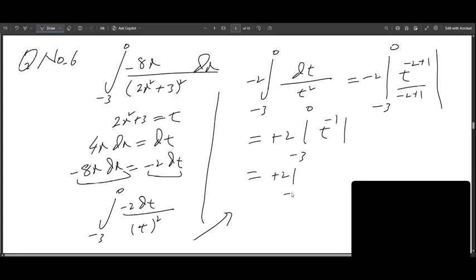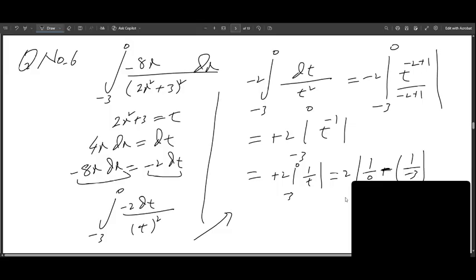So we have from negative 3 to 0, 1 over t. And then when we apply the limits, it will be 2 times 1 over 0 plus, upper limit minus the lower limit, which is 1 over negative 3.